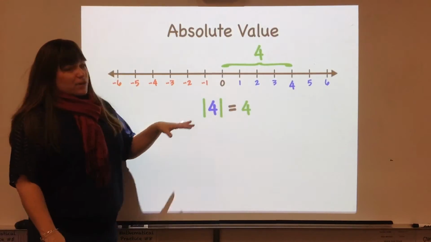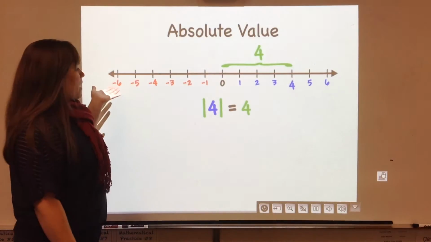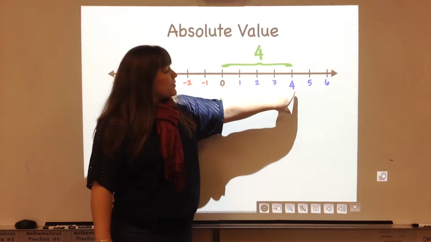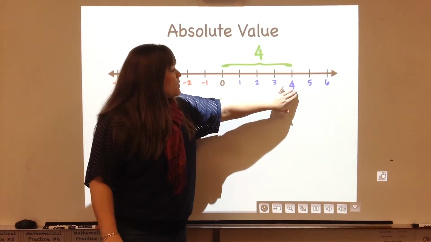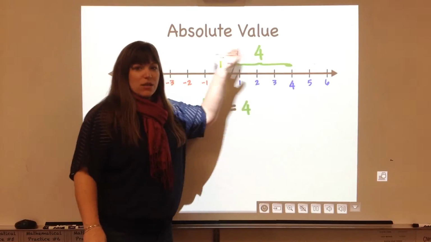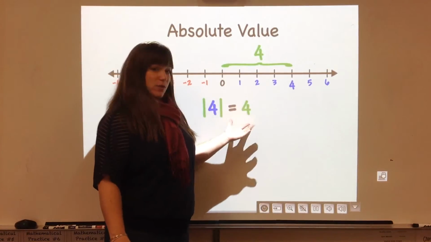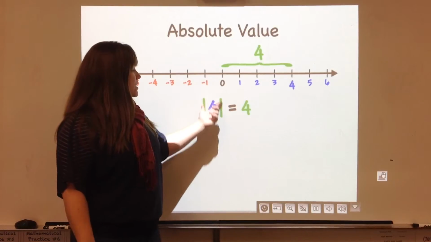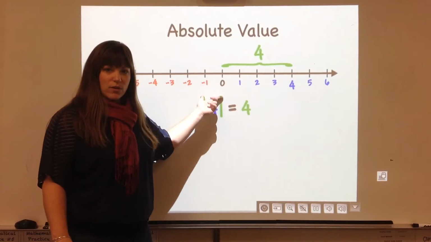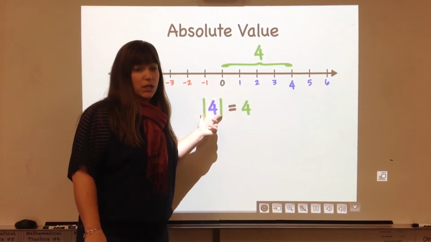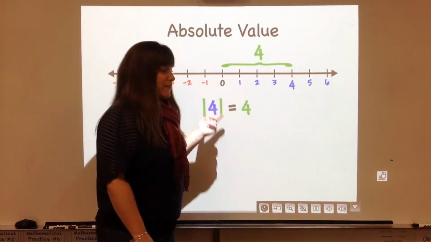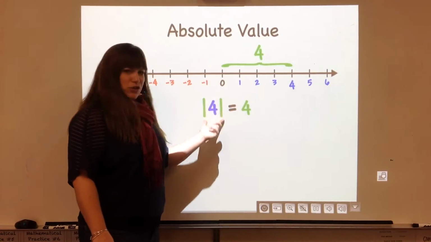So here's another example with a number line. We have the number 4, it's a little bit bigger, and we want to know what is this distance away from 0. We have 4 units, so the absolute value is 4. And you're starting to see this in my pictures as well. We're going to talk about what this is. This is called notation, or a symbol of absolute value, and there are 2 vertical lines.